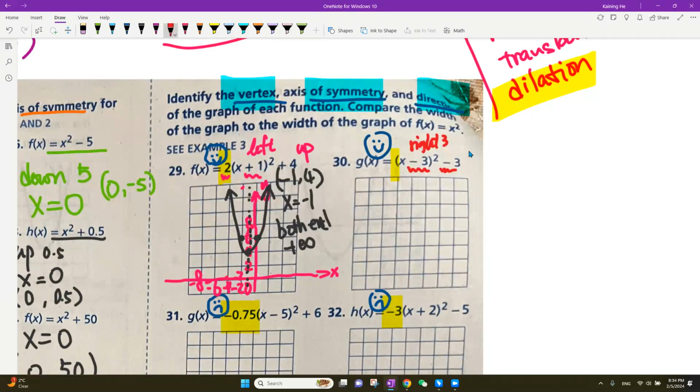What's the -3 do at the very end? Up or down, left or right, what does it do? -3 goes left. But what about the second -3? Goes down. So I'm going to go left and go down.